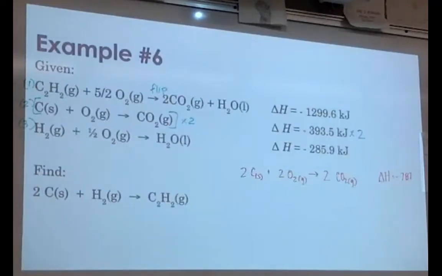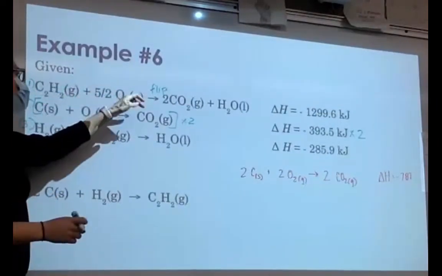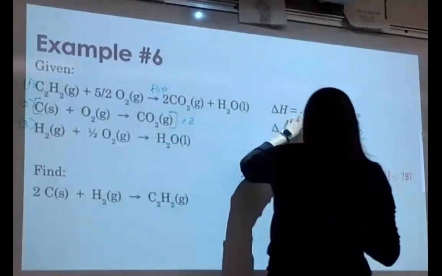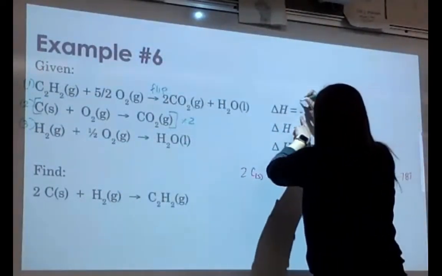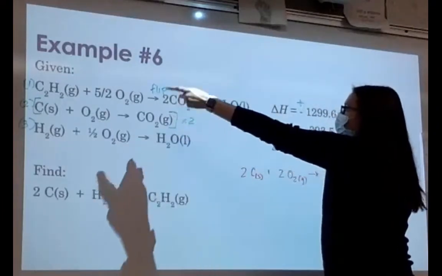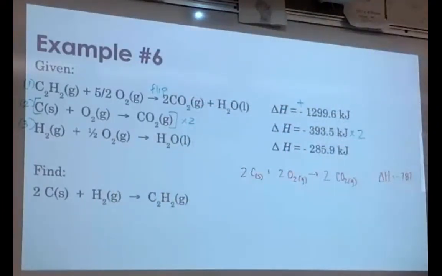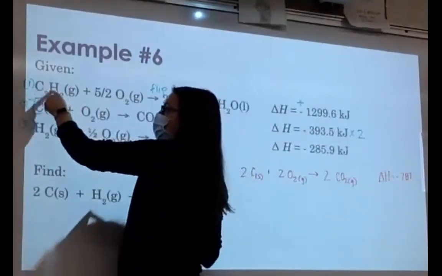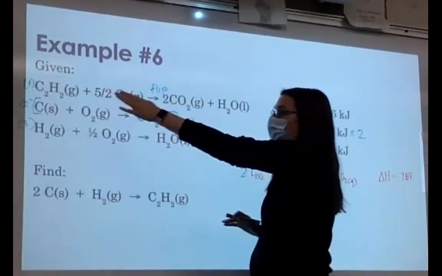When I flip the equation, that puts the reactants as the products and the products as the reactants. So instead of this now being exothermic, if I flip the reaction, I flip the sign. So instead of it releasing heat, it now has to absorb heat. Now I have just 1 mole, which is what I want.